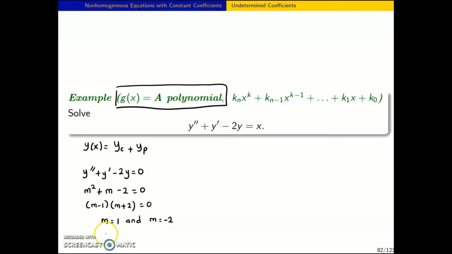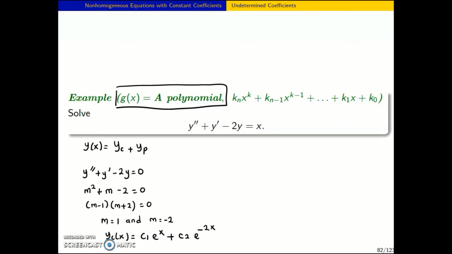So my yc(x) is given by c1 e^x plus c2 e^(-2x). Okay, so that's how you find yc.